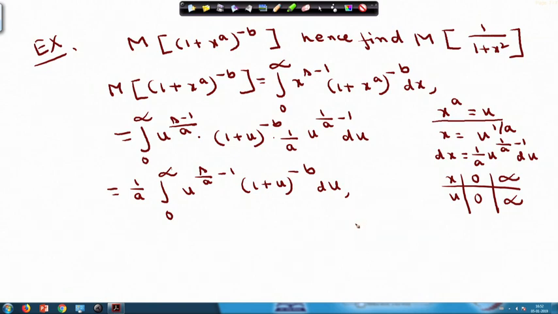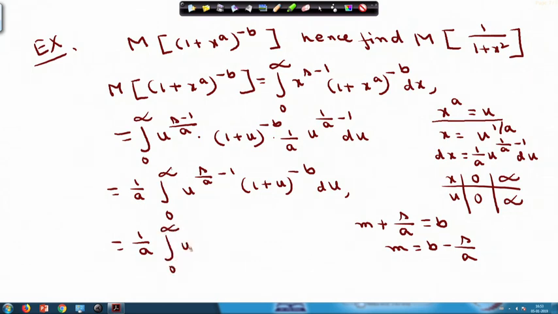Now, let us put m plus s by a equal to b, that is, your m is equal to b minus s by a. I am assuming m plus s by a equals b, so that your m will be equal to this. So, this integral you can write as 1 by a, integral 0 to infinity of u to the power s by a minus 1 into 1 plus u to the power minus, b written as m plus s by a, into du.